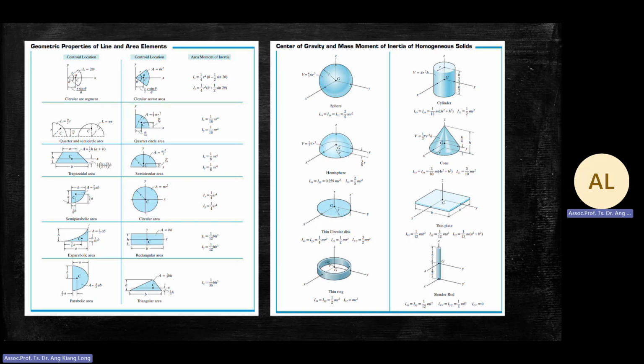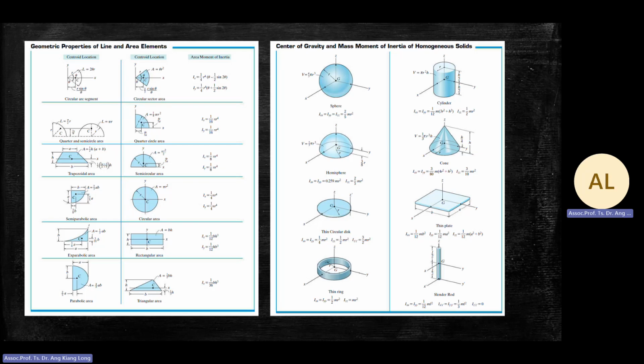Oh, familiar. This one is a thin ring. Thin means there's only thickness. So you use two circular discs, big one minus small one, right? Then your z-axis as the center.